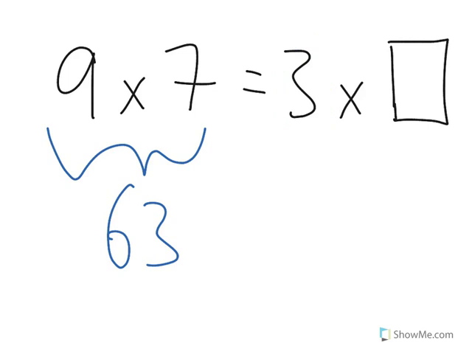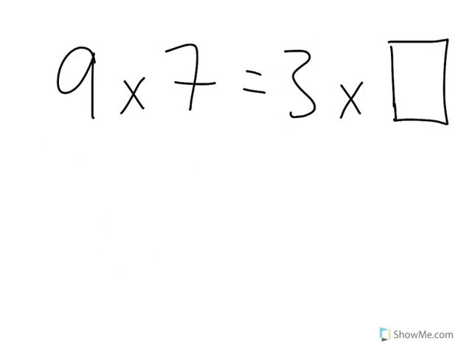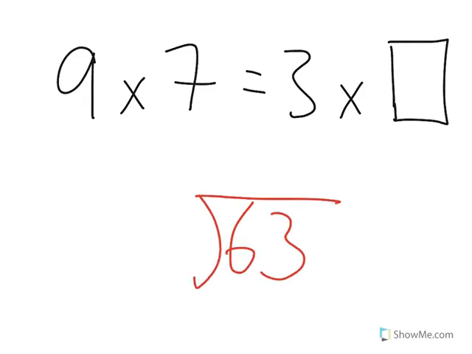One way we can do this is to do 63 divided by 3. 6 divided by 3 is 2, 3 divided by 3 is 1, so 3 times 21 will give us 63. Now both sides are 63, so both sides are equal, and that is question 1.